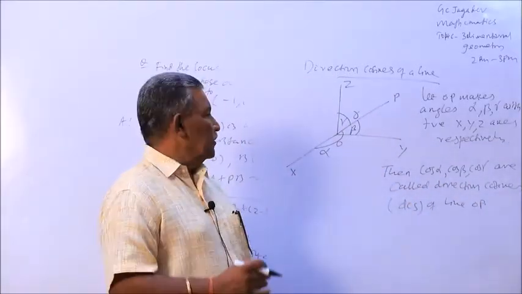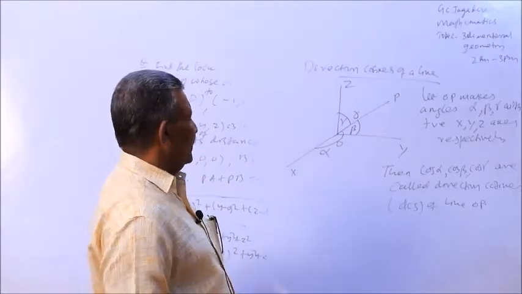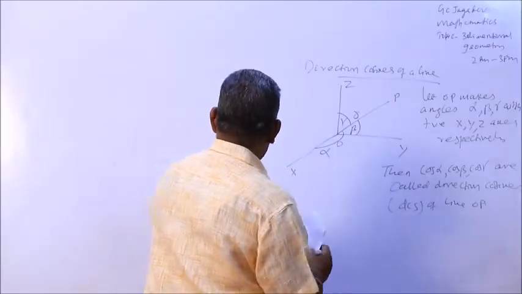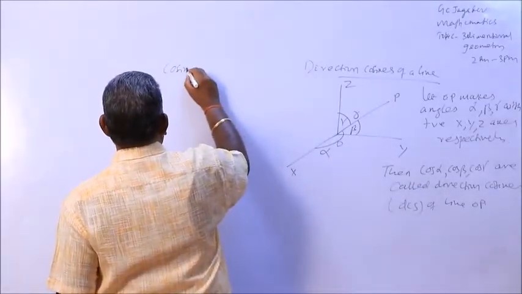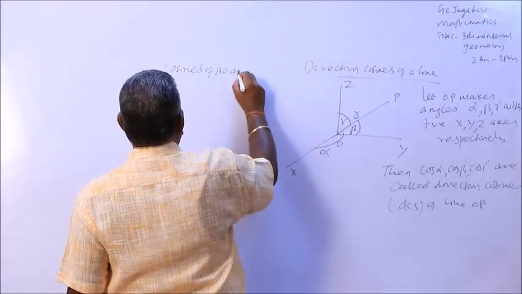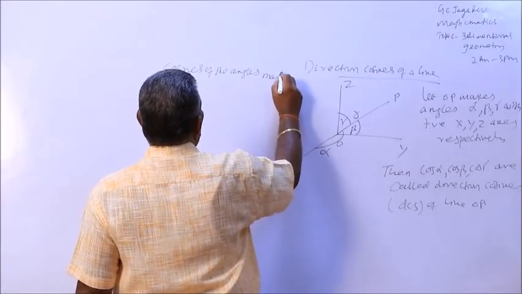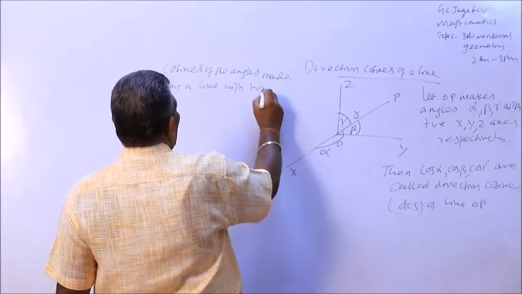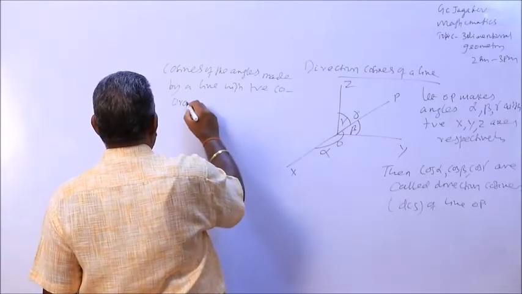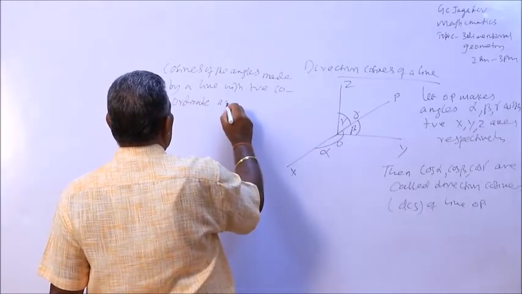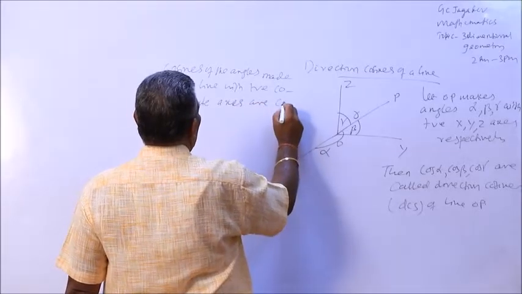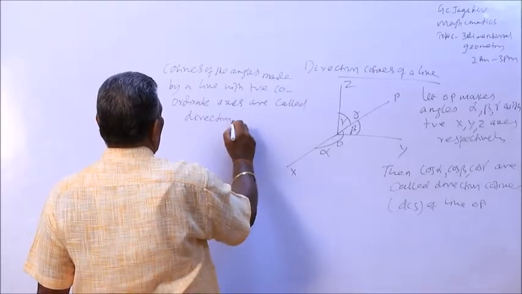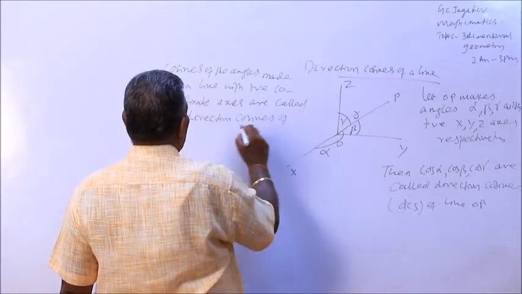So in words we can define the direction cosines of a line as the cosines of the angles made by a line with positive coordinate axes are called direction cosines of that line.